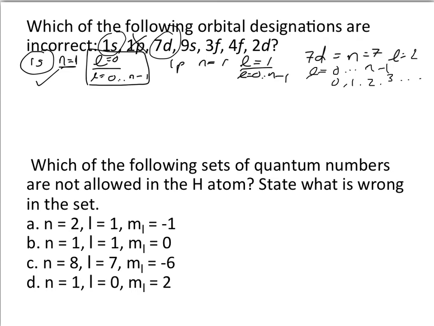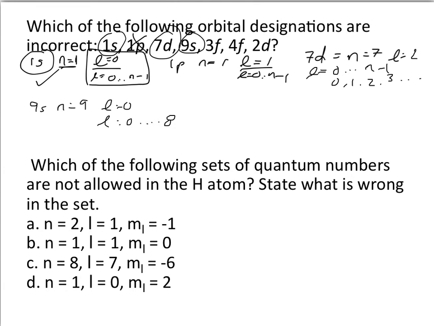9s. Is that a possibility? Same approach. For 9s, n equals 9, L equals 0 in this case, and we do know that L is going to be from 0 all the way up to 8, so that's completely acceptable. 0 is a possibility.